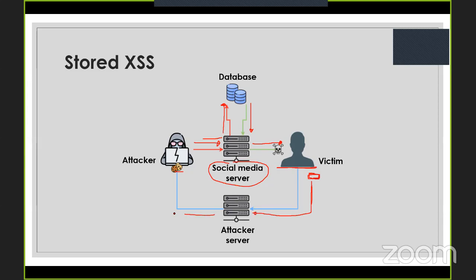So the attacker server can pass it to the attacker, then the attacker can use that cookie to access the victim's personal information. Okay, so I'm going to show how it works.